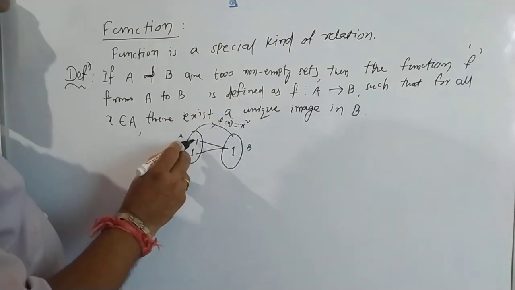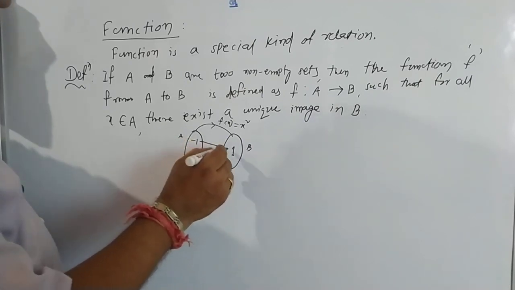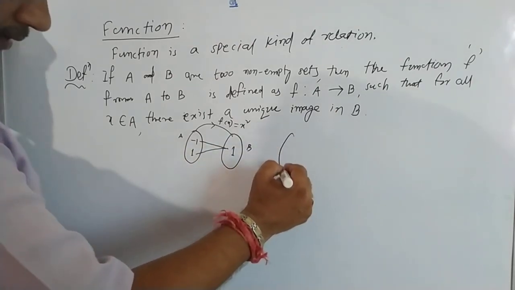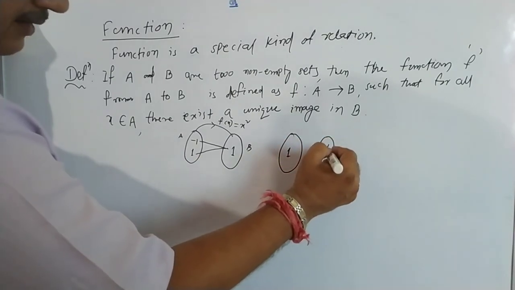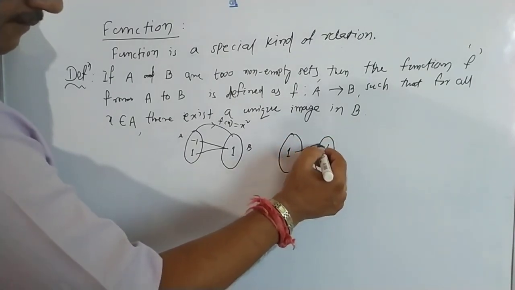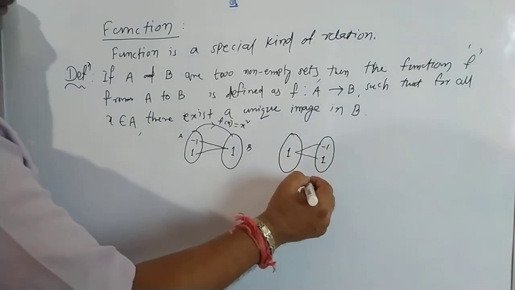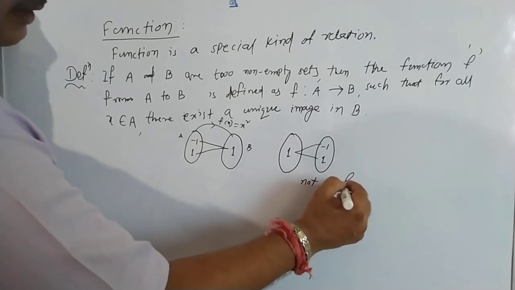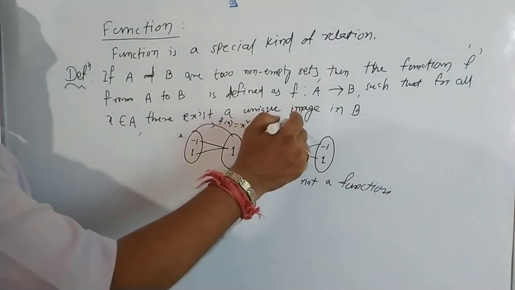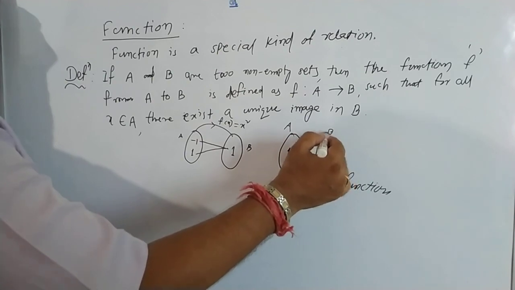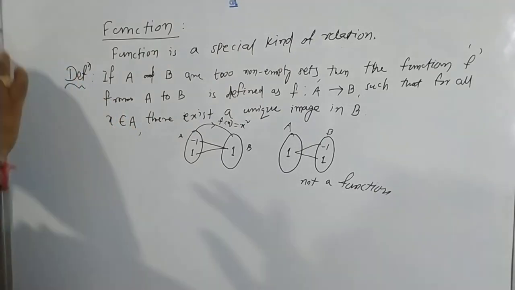Here -1 has only one image, and 1 has only one image, so they have unique images. But if -1 and 1 are related like this, which is called a one-many relation, this is not a function. Why? Because the element in A doesn't have a unique image in set B. So this is the function.